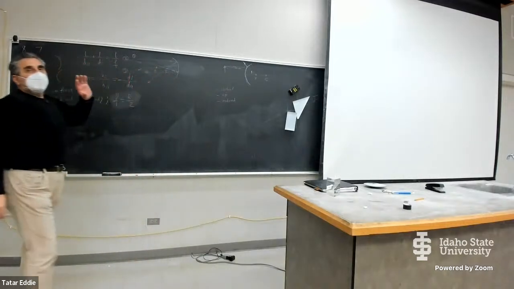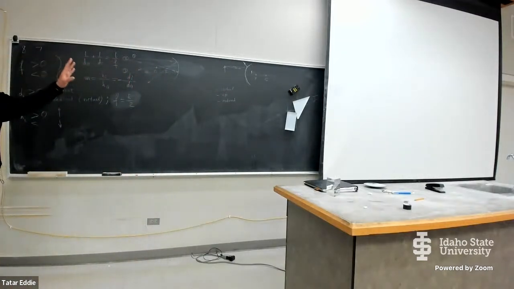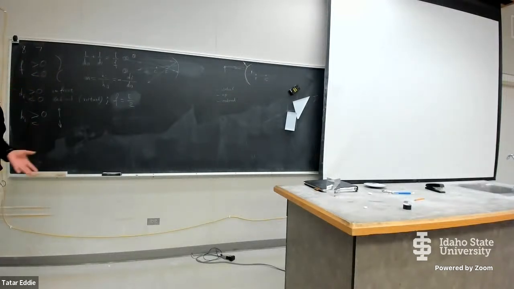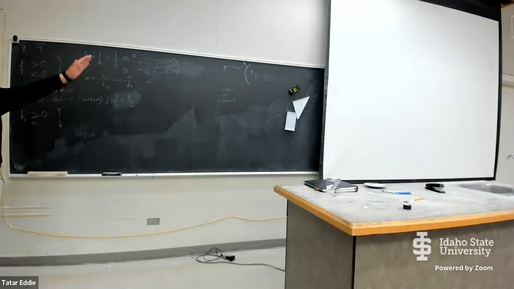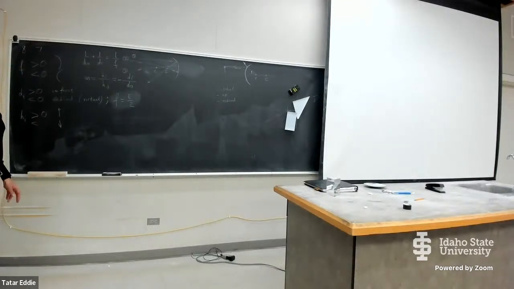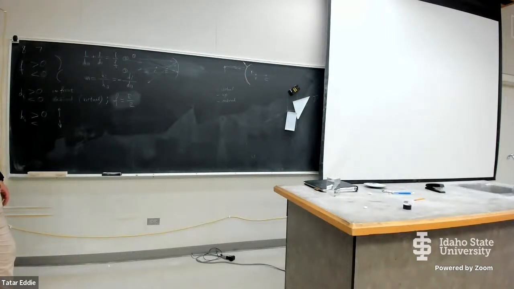So, no matter where you place the object, if the mirror is convex mirror, image is always virtual and always reduced in size, which you can verify by playing around with different locations for the object.